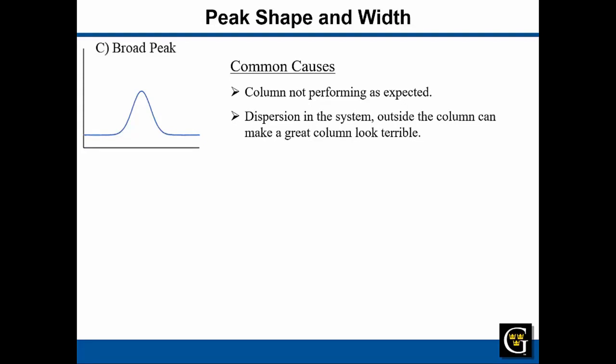Broad peaks can also be caused by greater than expected dispersion or broadening of peaks in the system, but outside of the column. So for example, connecting capillaries that are too long or too wide, injection volumes that are too large, and things like this.